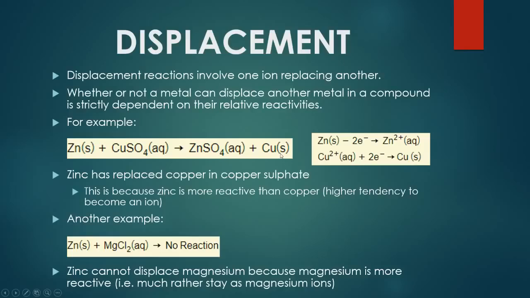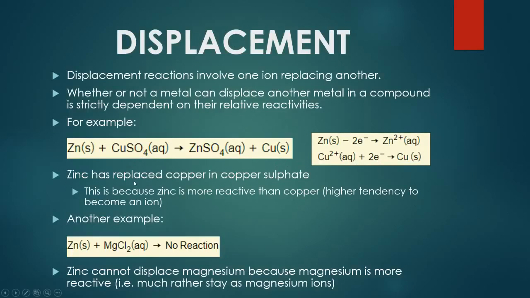Let's look carefully at what's actually happened. Zinc was in elemental form on the left-hand side, but now it's in an ionic form combined with sulfate, so it is a zinc ion. Whereas the copper ions in copper sulfate have transformed into the elemental form.